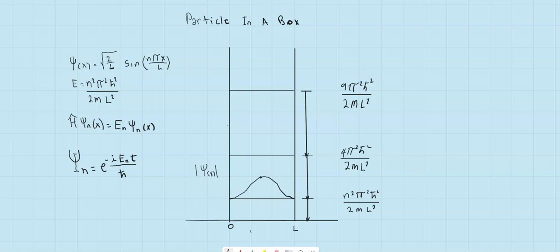And remember, I don't want to prove where the highest probability of finding the particle is. It's right here, right in the middle. Common sense, right? If you take the average, it'll be at L over 2. And here I had two nodes.